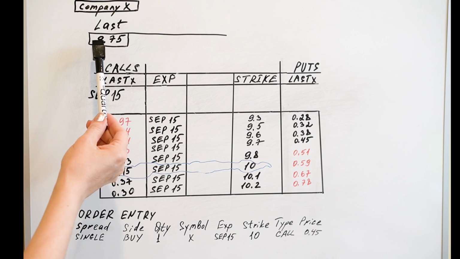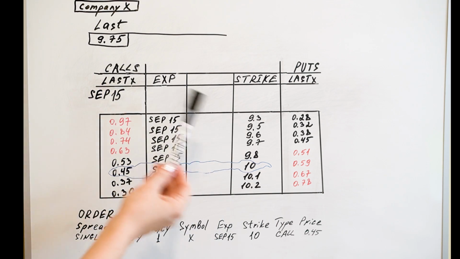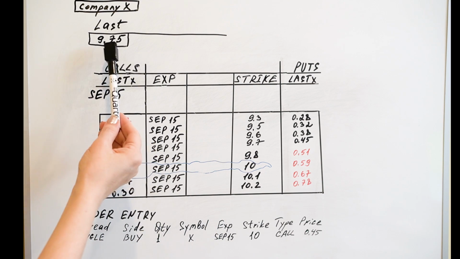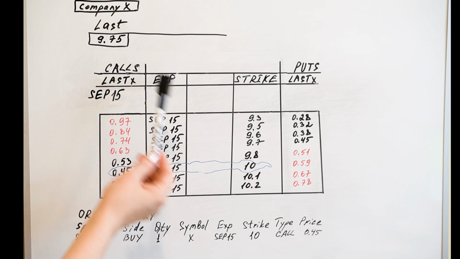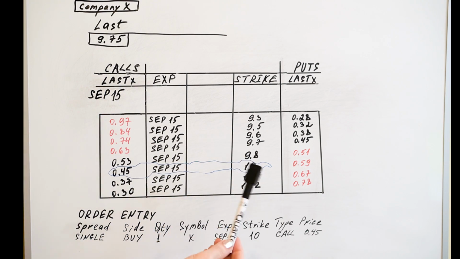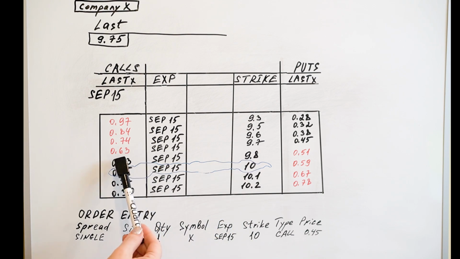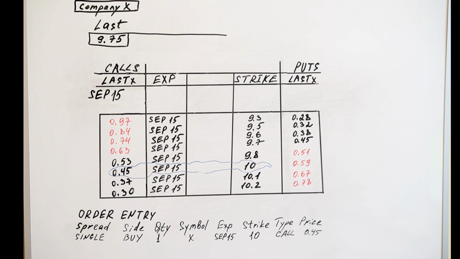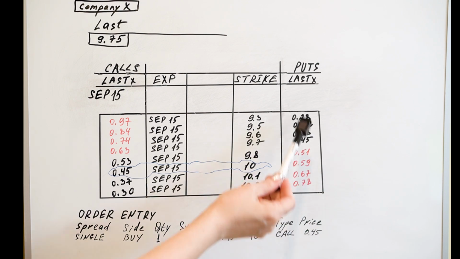So it's a call, and it's in the money because the current price is already more than the strike price. And here it's less, so that's why it's in black. So it's out of the money. The same applies to put options: in the money, and out of the money.